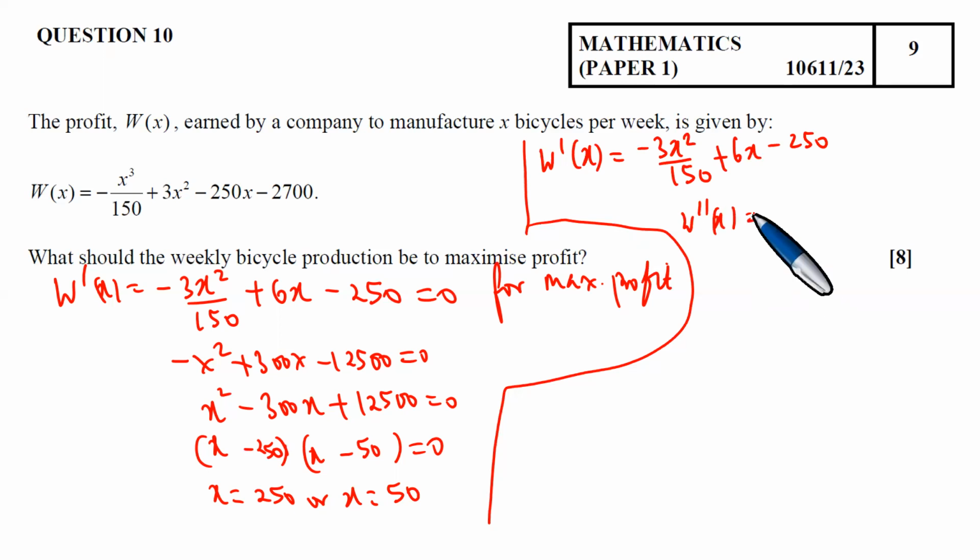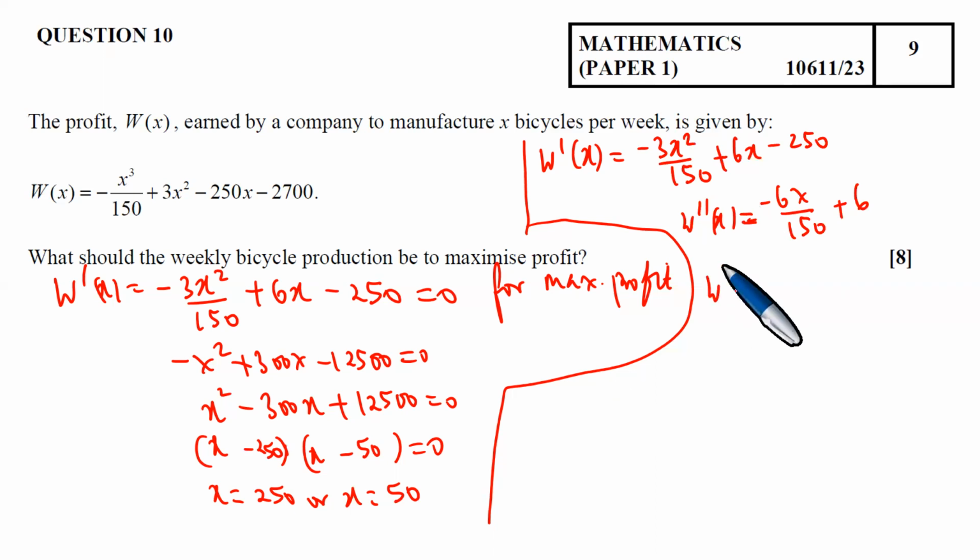So this one is minus 6x over 150 plus 6, right? Because you bring down 2 times minus 3, minus 6x plus 6, okay?